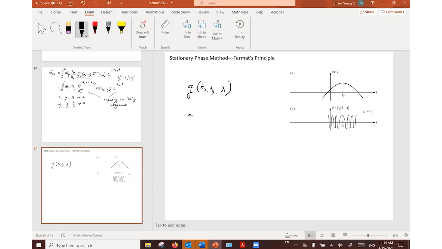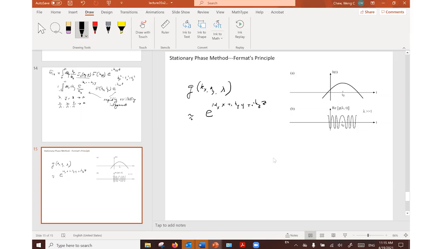And if I call this function e to the i kx x plus i ky y plus i kz z, then this function is going to be a rapidly varying function.